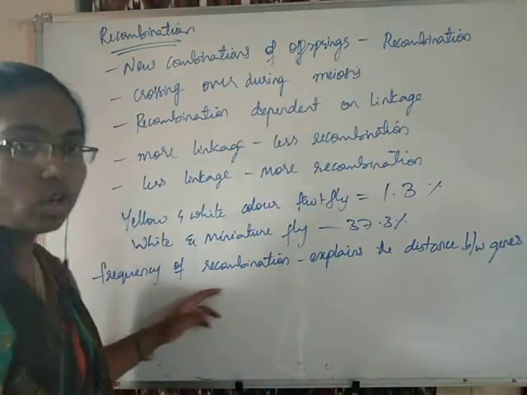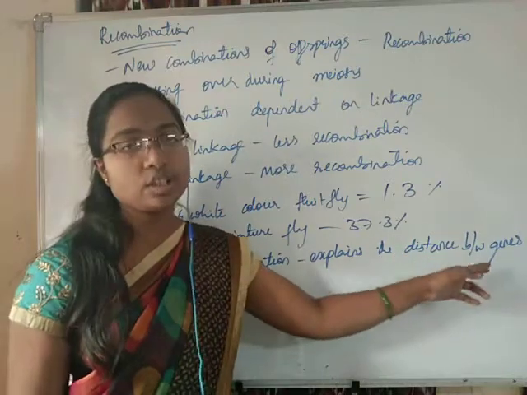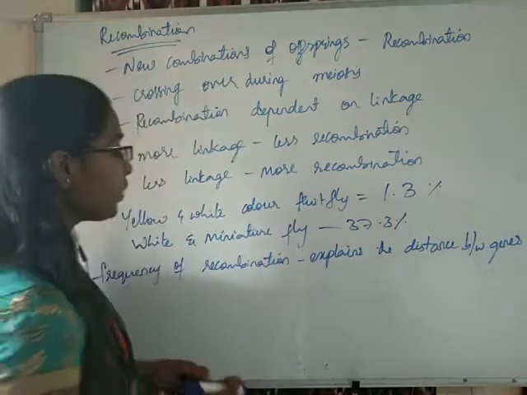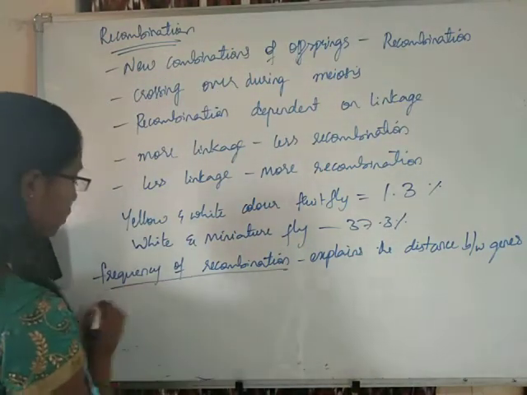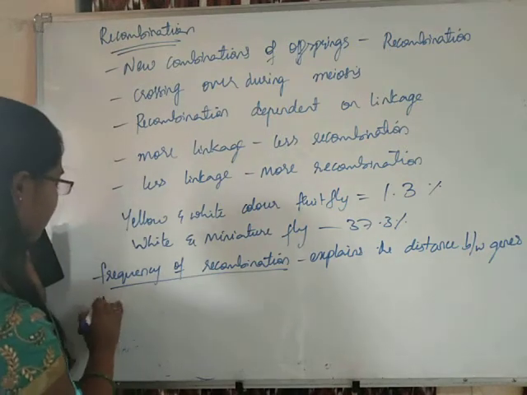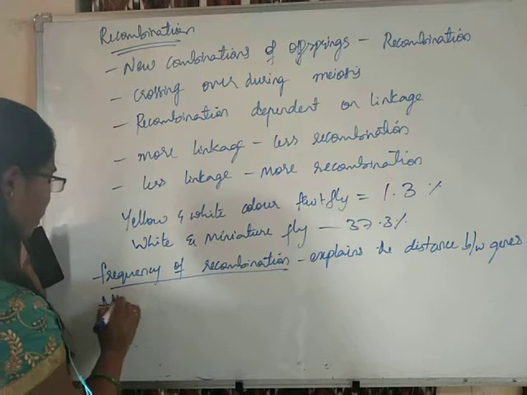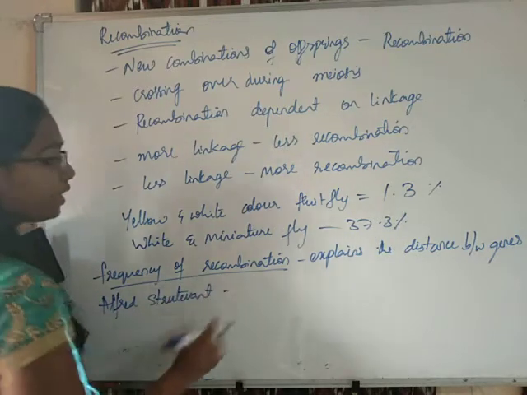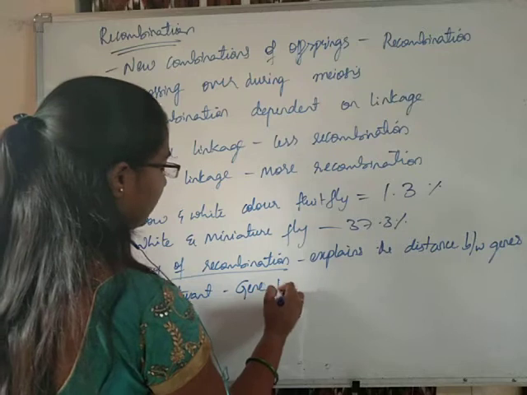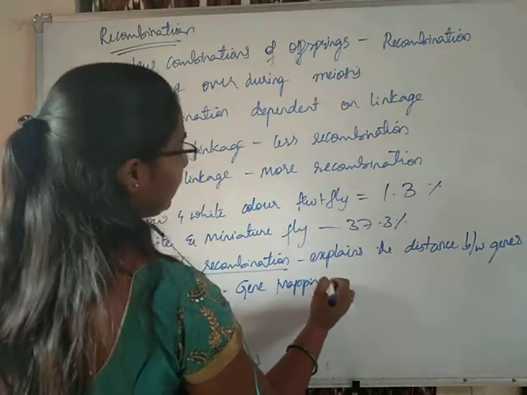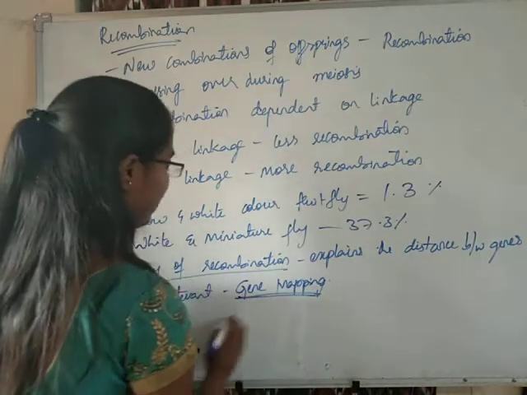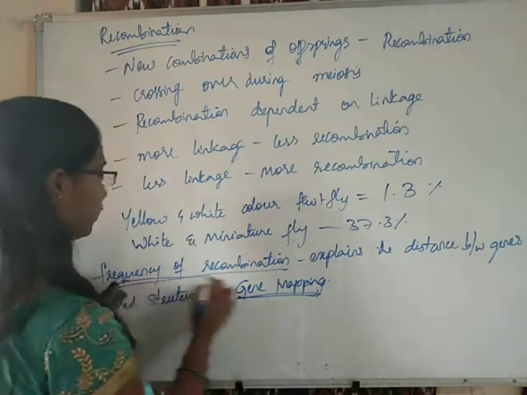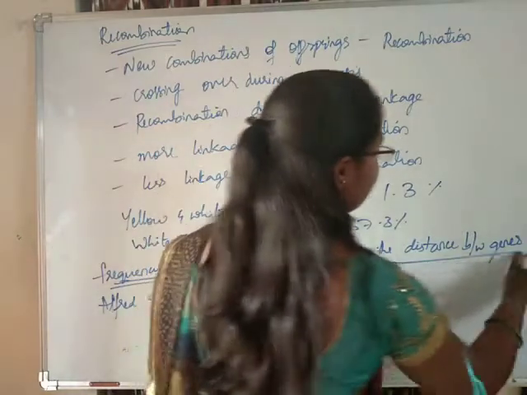By using this frequency of recombination, a student of Morgan called Alfred Sturtevant established gene mapping, in which we use the frequency of recombination to map the distance between the genes.